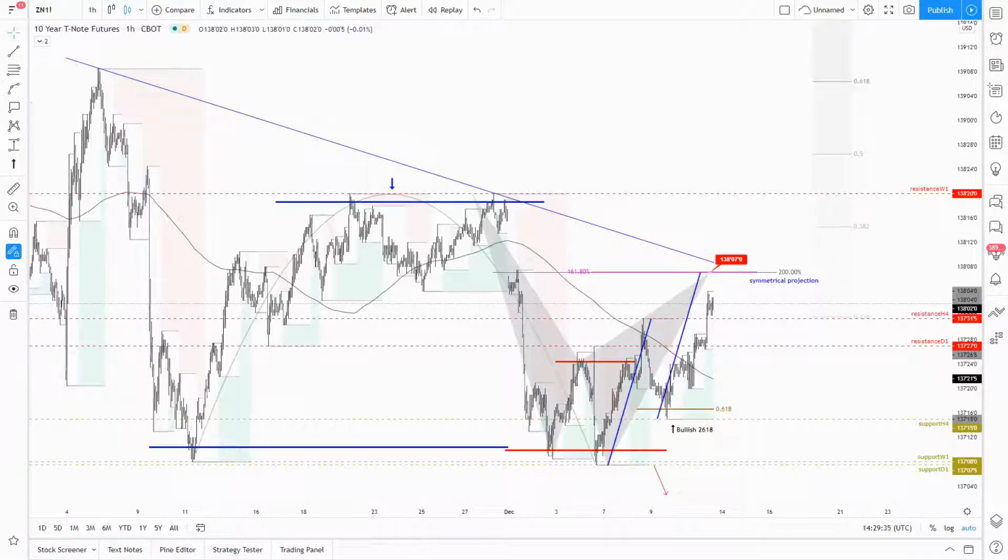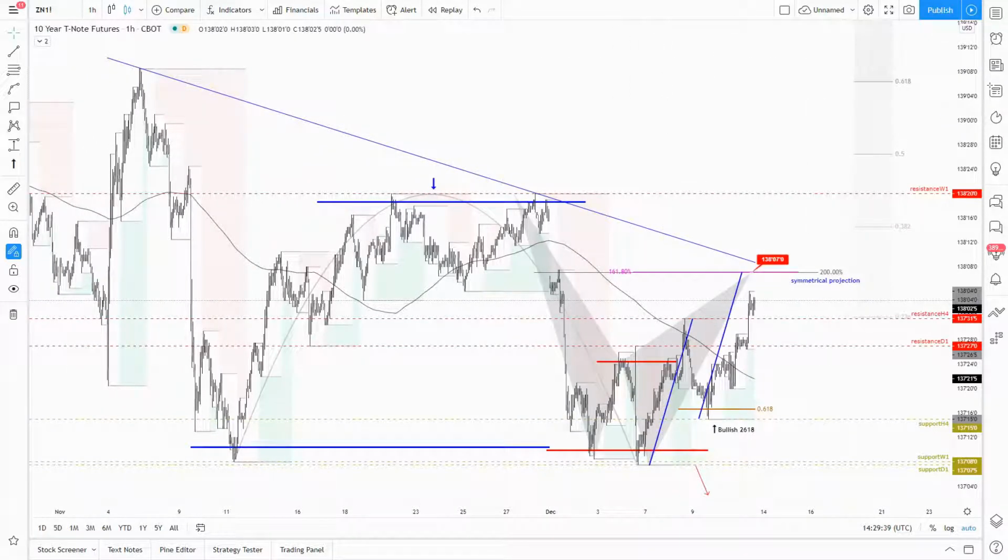So basically, in using this chart, let me try to share this before the violation of the next zone. Where is it? It's here. Okay.